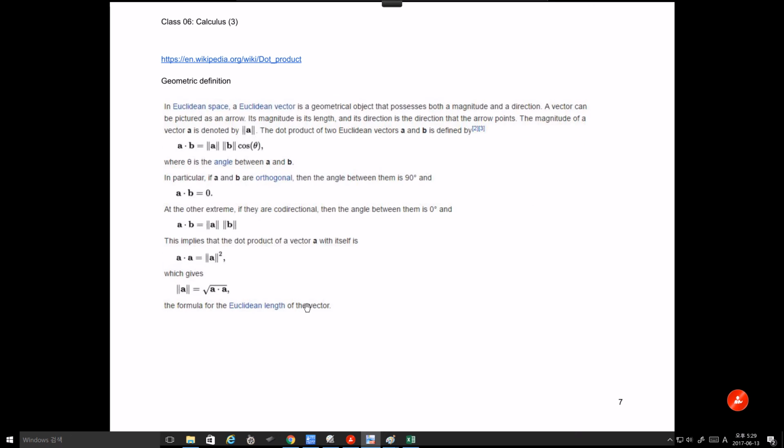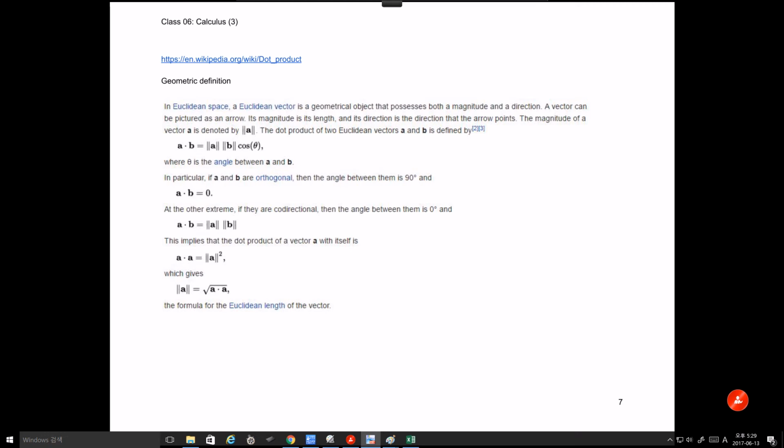Now, for the dot product, we actually have a more important definition, which is the geometric definition. In Euclidean space, a Euclidean vector is a geometrical object that possesses both a magnitude and a direction.